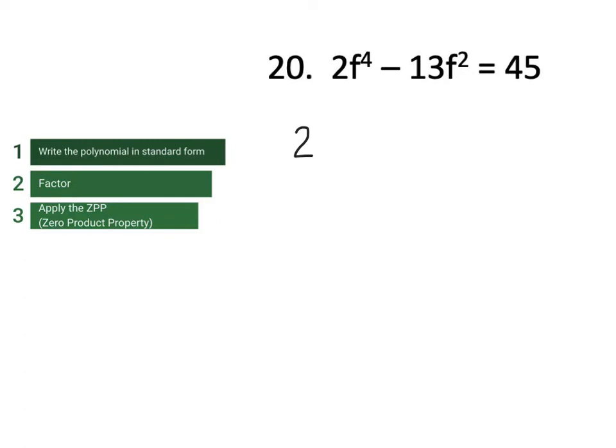Should have started by placing it in standard form, which is 2f to the 4th minus 13f squared minus 45 equals 0. So first thing I look for is the greatest common factor. I don't see anything that pulls out of all 3 terms.